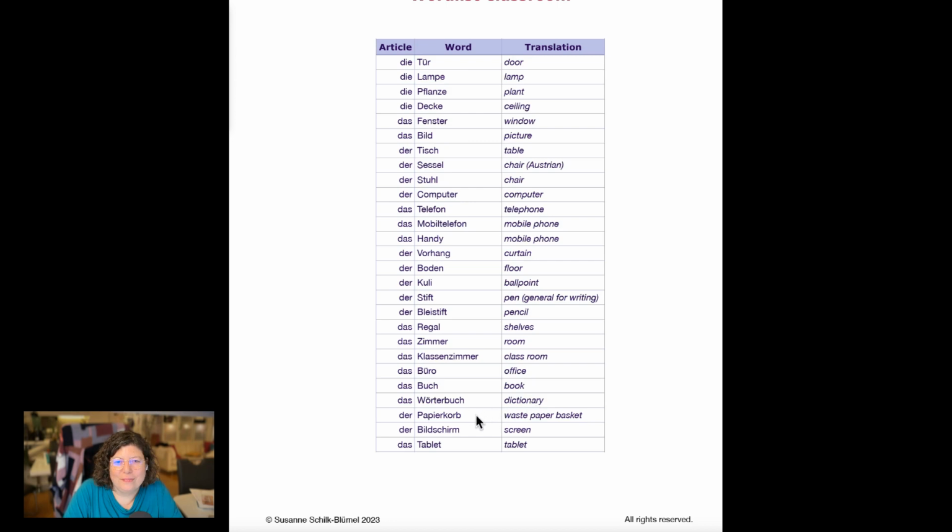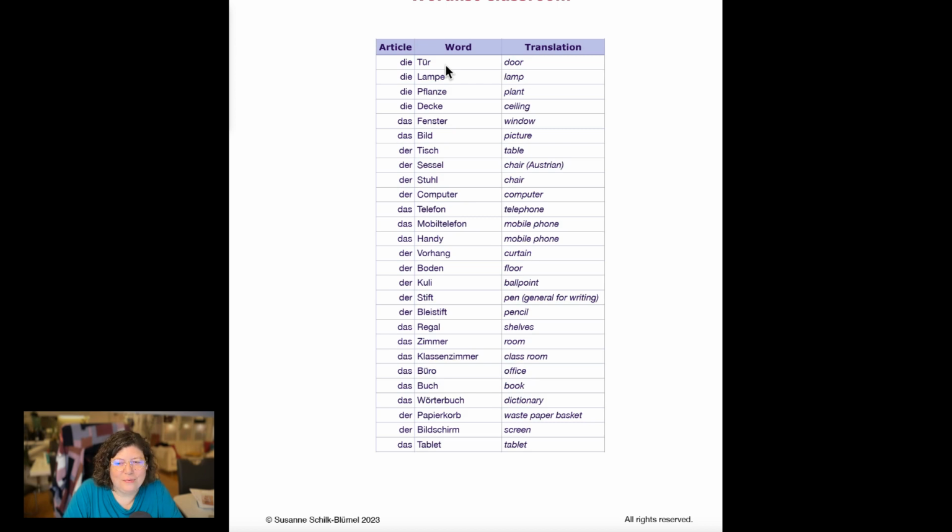Curtain. Der Boden. Floor. Der Kuli. Ballpoint. Der Stift. Pen. Der Bleistift. Pencil. Das Regal.